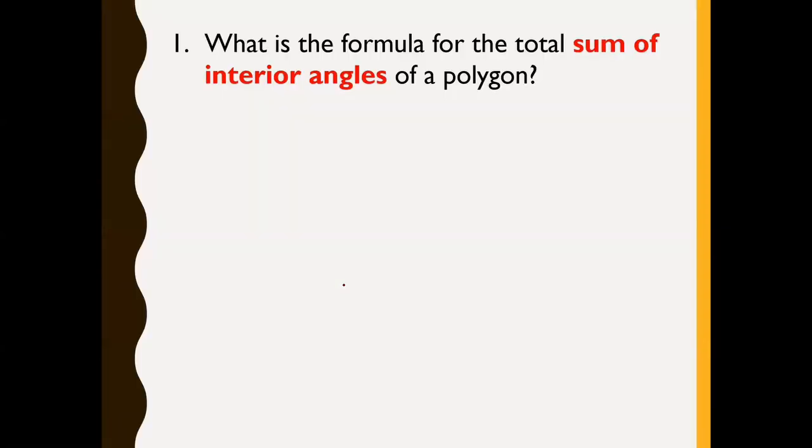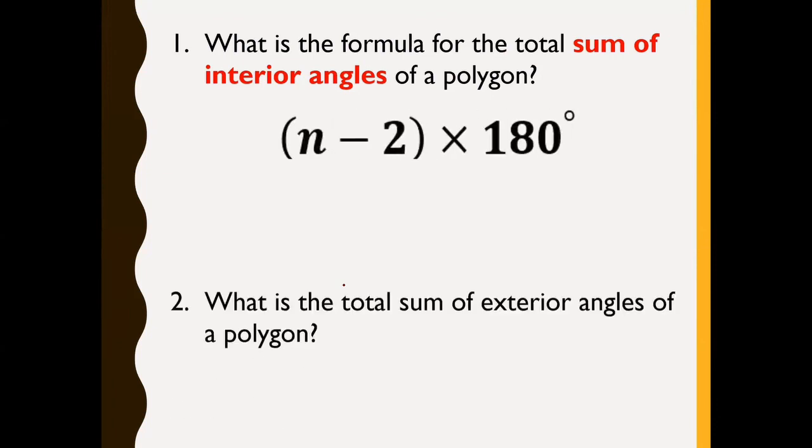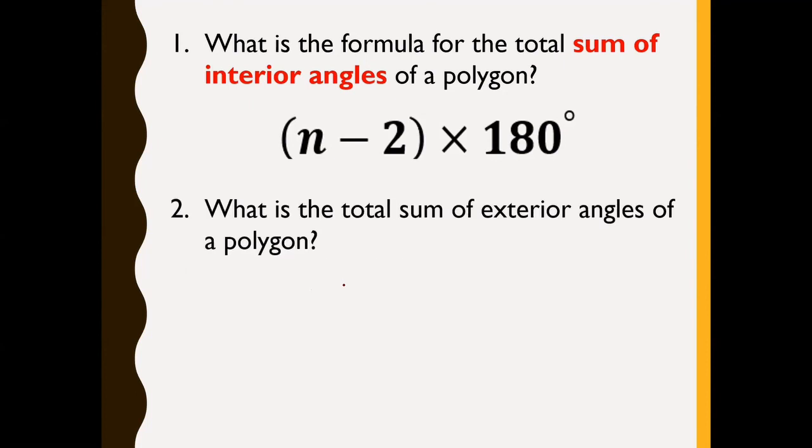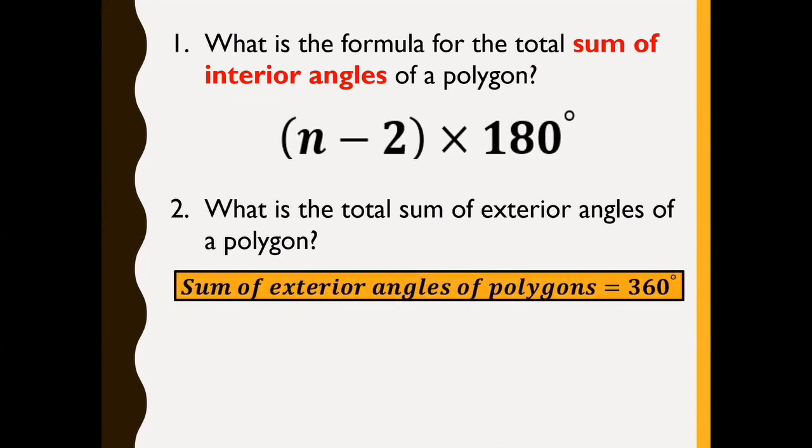The first question, the formula is n minus 2 multiplied by 180 degrees. Second question, what is the total sum of exterior angles of a polygon? No matter what shape, as long as it's a polygon, the sum of the exterior angles must be equal to 360 degrees.